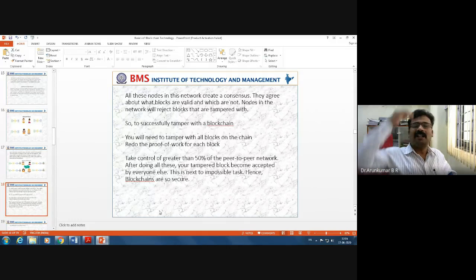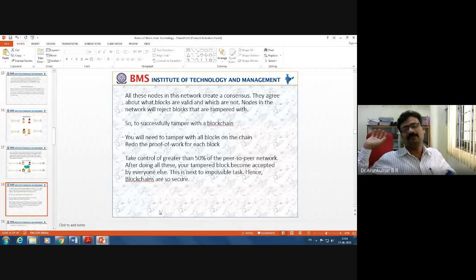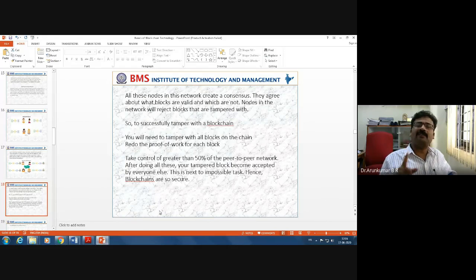At least, to take control of the peer-to-peer network, you need more than 50%, that means 51% of the network under your control. After doing all this, your tampered block becomes accepted by everyone else. This is a next to impossible task.